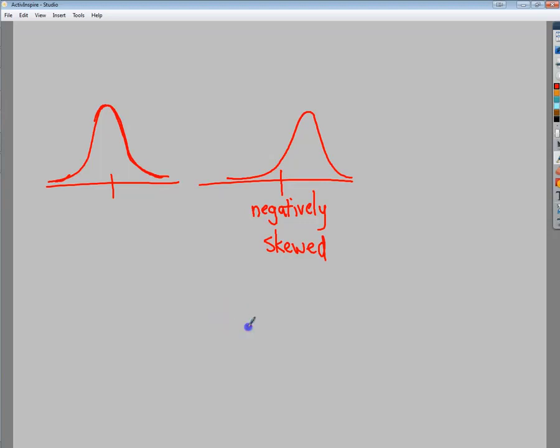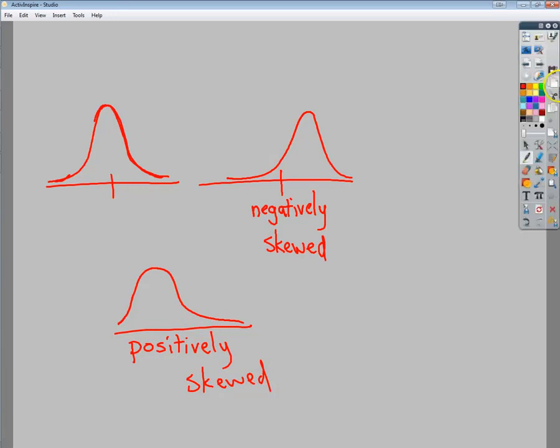Or of course, you could have the opposite of that, where you end up with a skew to the positive. So this is positively skewed data, which means that there's a few points that are really positive that are pulling up the overall set. Now, what we're talking about is normal distribution.